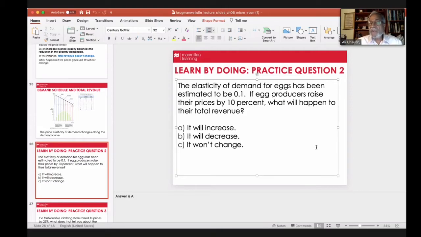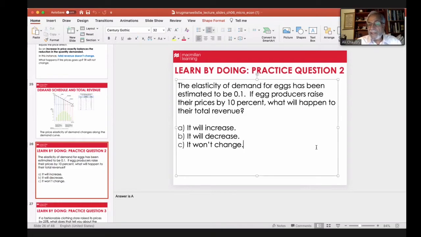So we have 1 divided by 1 on the right-hand side, and on the left-hand side, quantity divided by 10. We cross-multiply both sides. We get percent change in quantity demanded equal to 10 times 1, which is 10%. So a change in price of 10% results in a change in the quantity demanded of 10%.